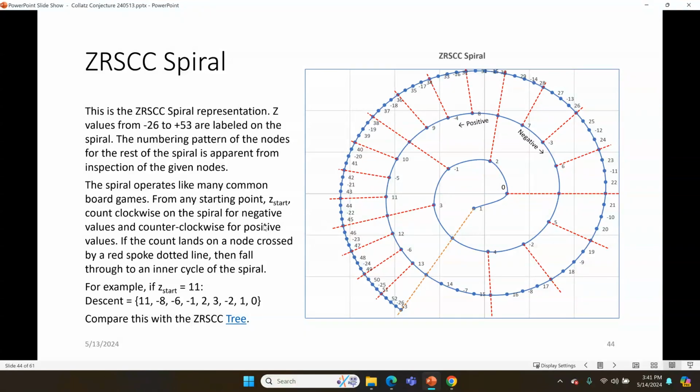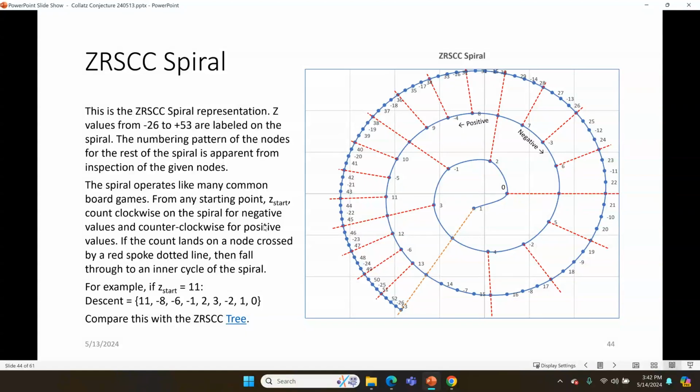Again, the main point of the spiral here is that there's a blue line representing the spiral cycle. And so in general, we count along the cycle until we reach a spoke. And if we have a spoke, then we fall through to an inner cycle of either one or two or more inner cycles.